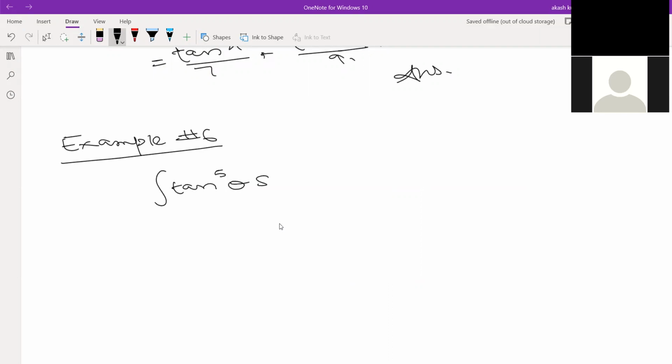The integral of tan 5 theta sec 7 theta d theta.